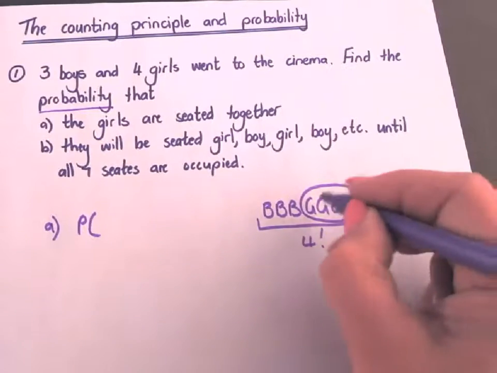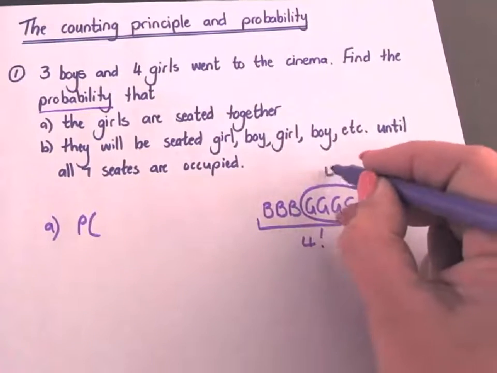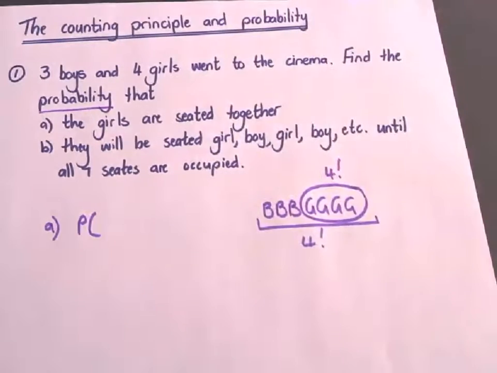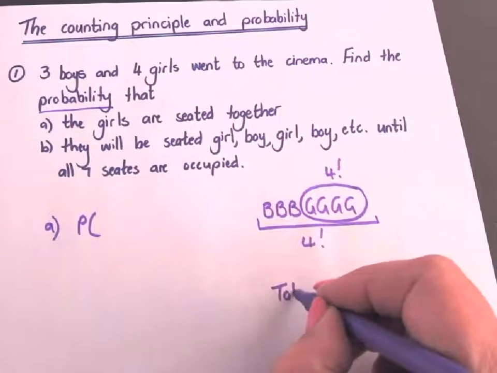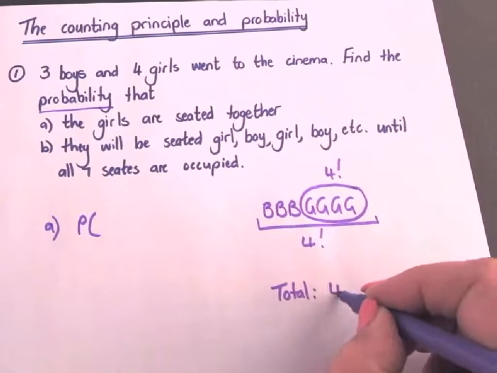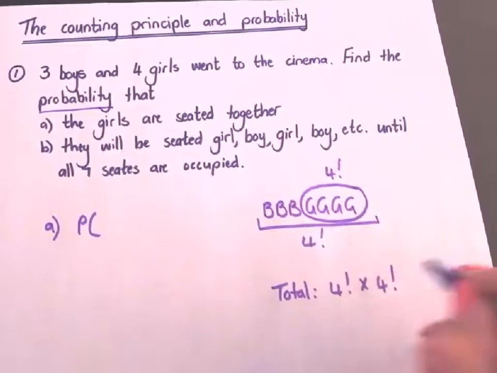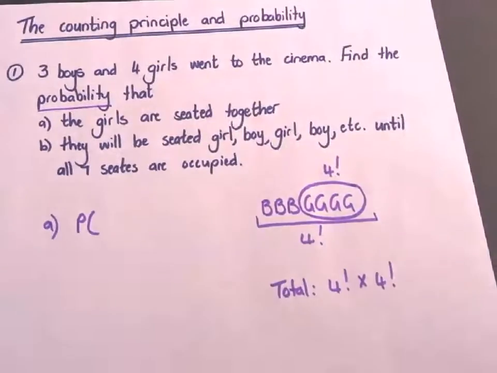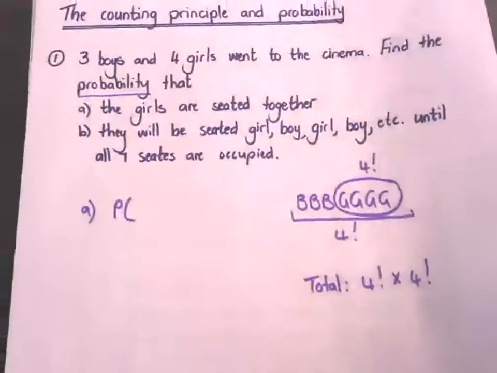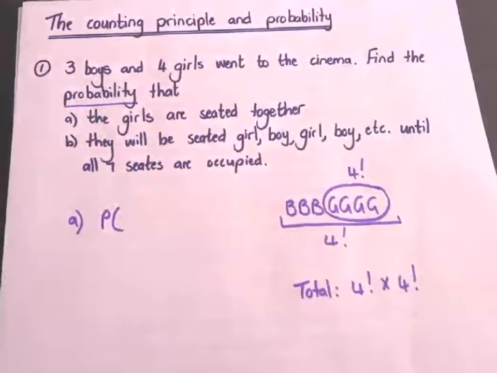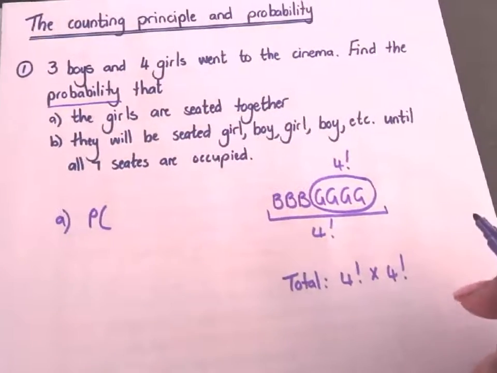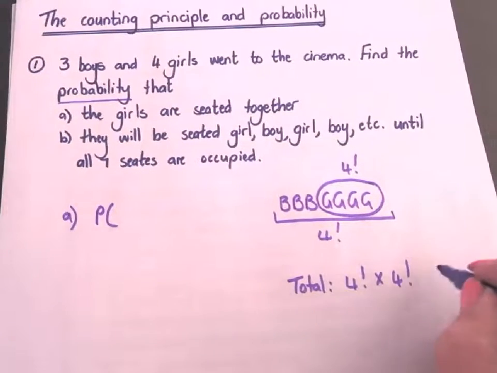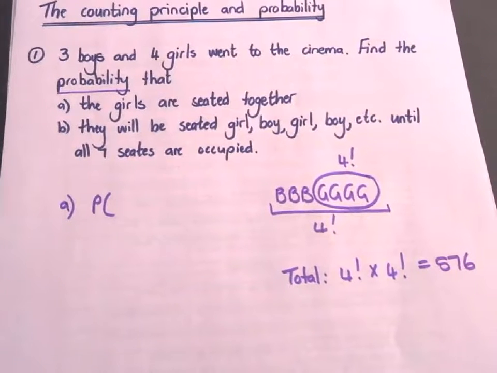So this group, this unit, is also 4 factorial. So the total will be 4 factorial times 4 factorial, and that is 576. That is when the girls are seated together.